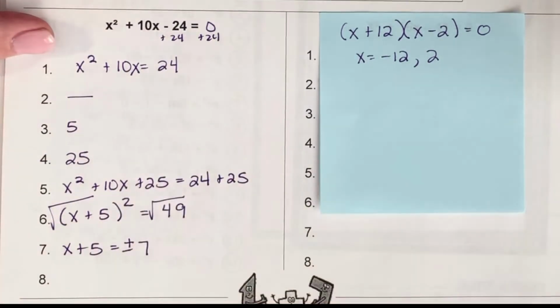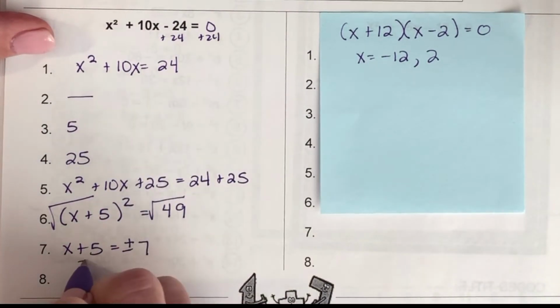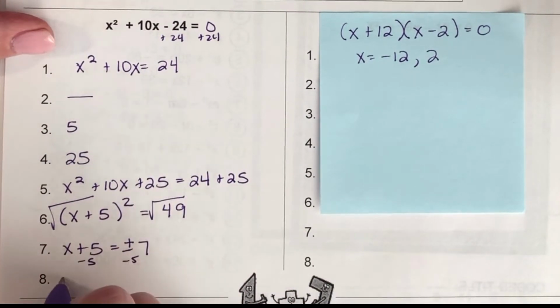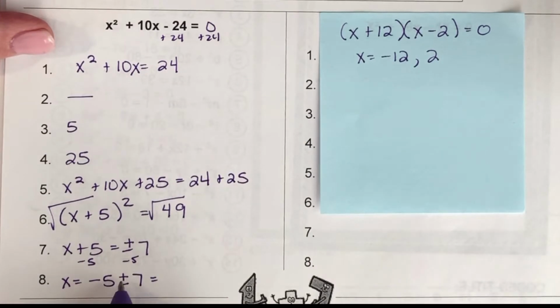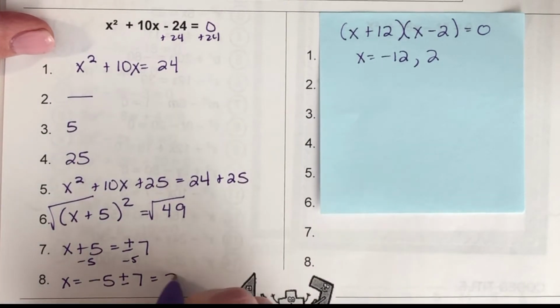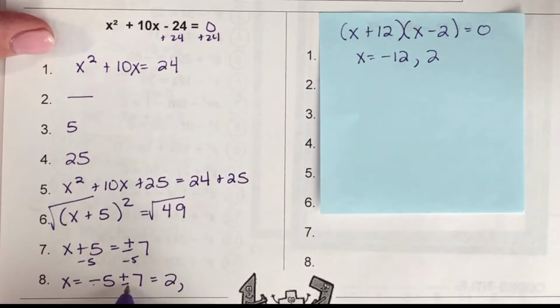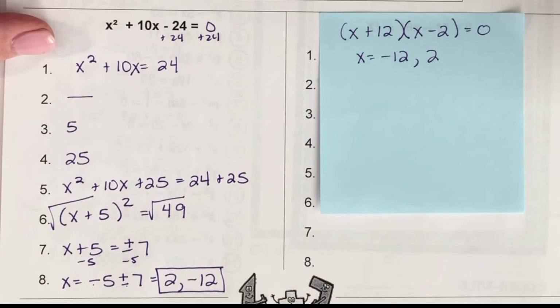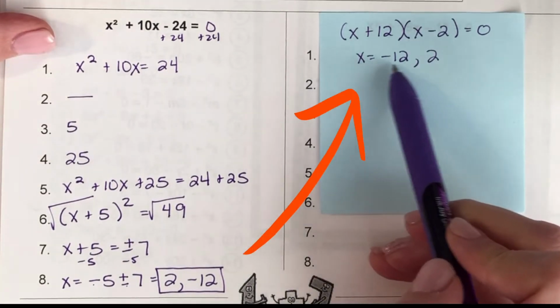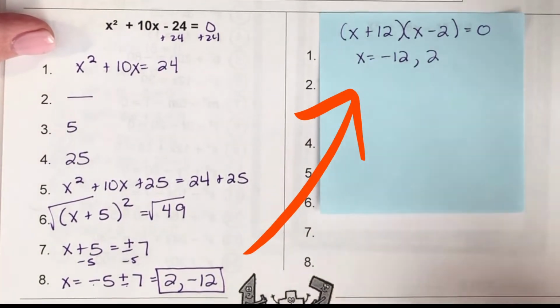And then step 8, now I can solve for x. I'm going to subtract 5 from both sides, and I'm going to get negative 5 plus or minus 7, which I can simplify. Negative 5 plus 7 is 2, and negative 5 minus 7 is negative 12. So x equals 2 and negative 12, which, when we factor this out using the much simpler method, we also got.